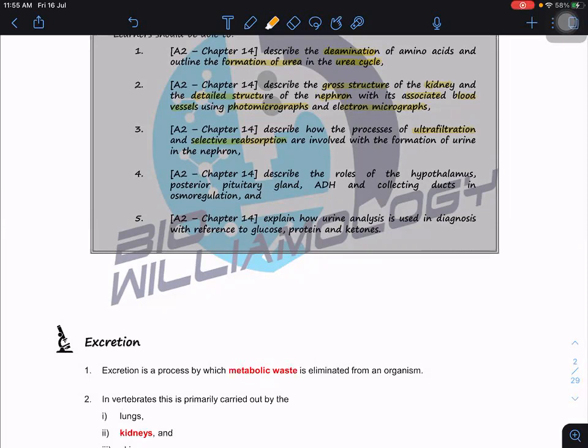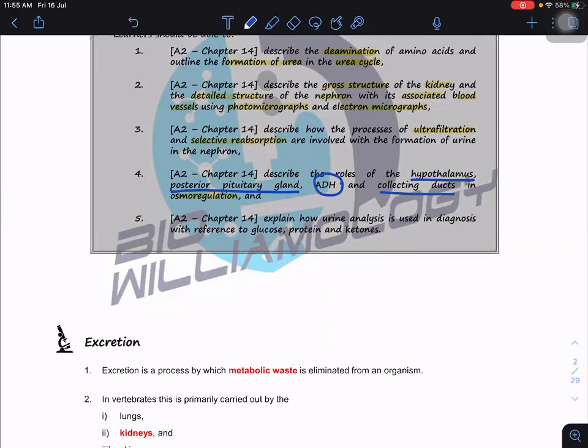And the last part here has something to do with osmoregulation, which involves a few organs. The hypothalamus, we need to know the role of the hypothalamus, as well as the posterior pituitary gland. Hypothalamus, pituitary gland, and the response. Who responds? The collecting duct is the one that responds to ADH. ADH is also called vasopressin, or the full name is antidiuretic hormone.